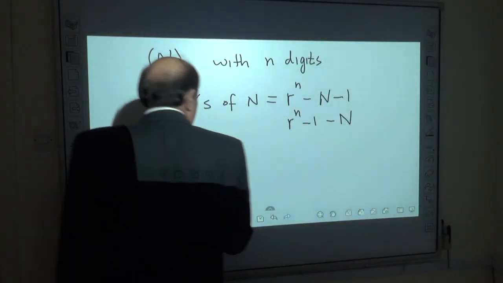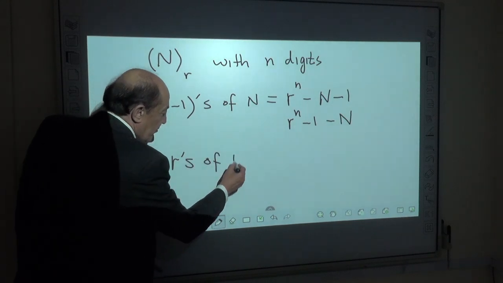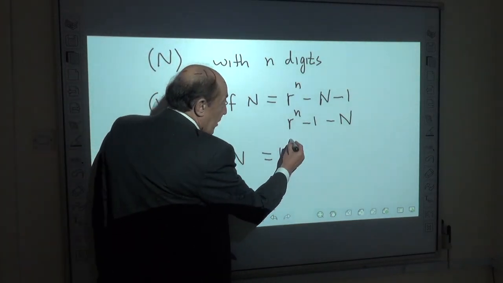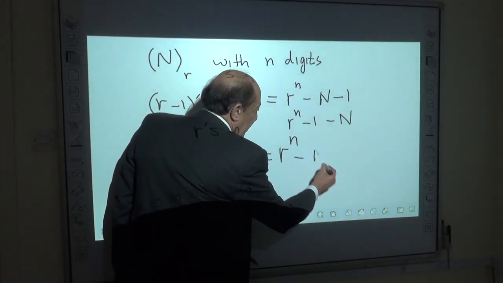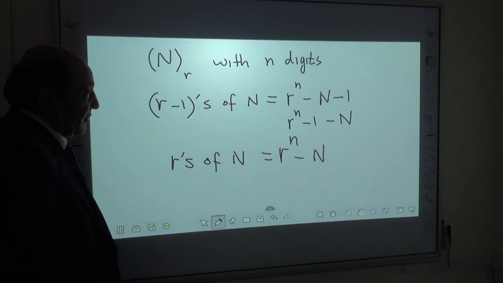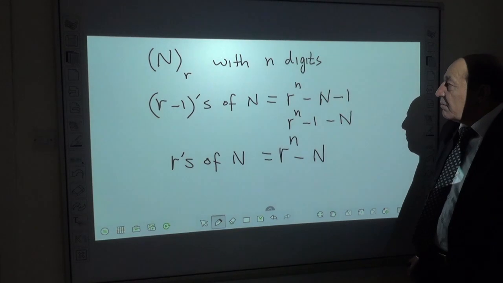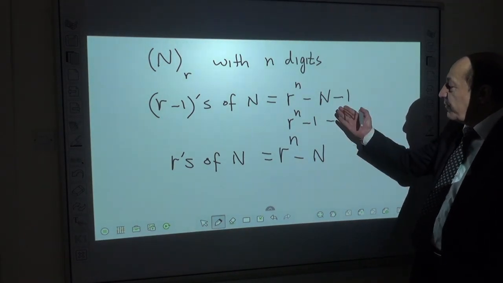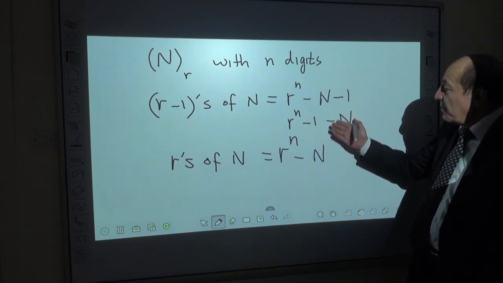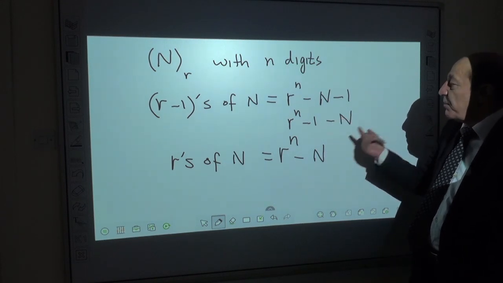While R's complement of the number n equals R to the power n minus the number n. So this is the definition. From the definition, you can see that R minus 1's complement is less than R's complement by 1.